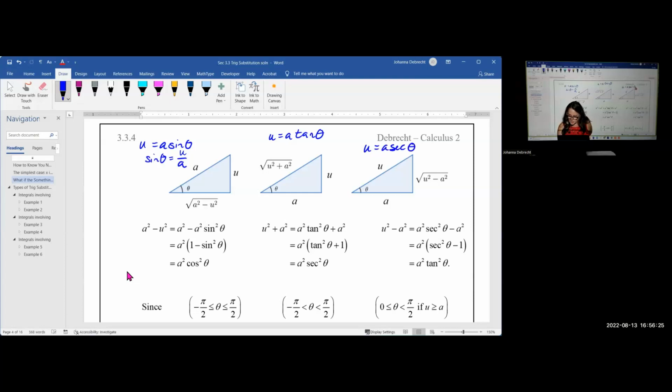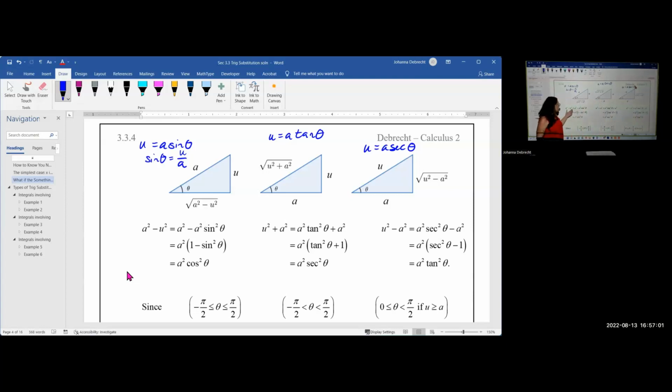And then solving for secant of theta, we have secant of theta is u over a. Secant of theta is going to be hypotenuse over adjacent. And so we get what you see here in this particular image. Now we have to build back what we had in the integral. We've made a substitution. We found the value of a and the value of u. Now we have to build back what was in the original integrand, the a squared minus u squared, or the u squared plus a squared, or the u squared minus a squared part.